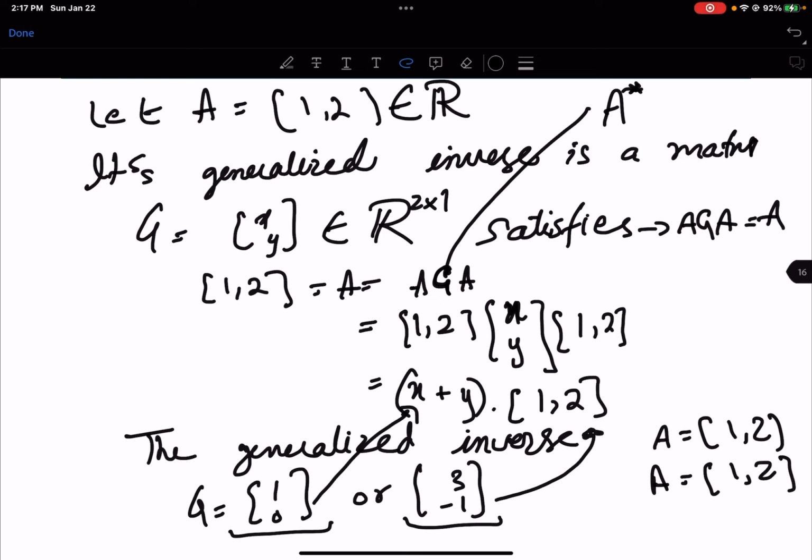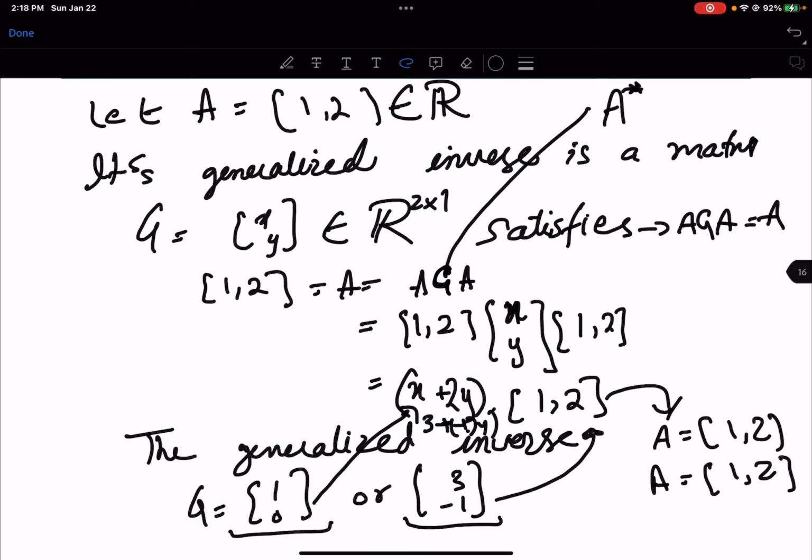In this equation, put the value of your x and y: x plus 2y. So 3 plus 2 times minus 1, where y is minus 1. Then we put the value and we get the same matrix.